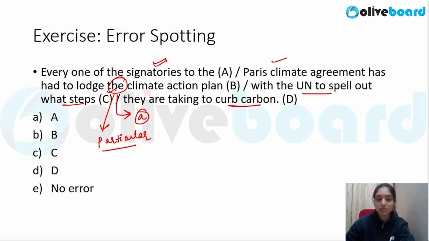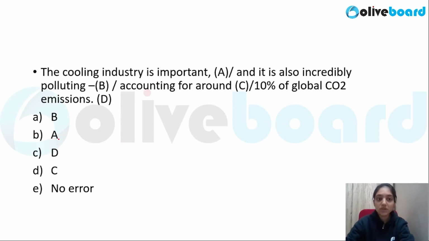So they have to submit individual climate action plans, and the here indicates one particular plan. So this here is incorrect, and a must replace the, which indicates that these signatories have to lodge individual climate plans with the UN, right? So the error lies in part B. Hence, you will mark part B as your answer, which indicates that B has an error. Moving on to the next question.